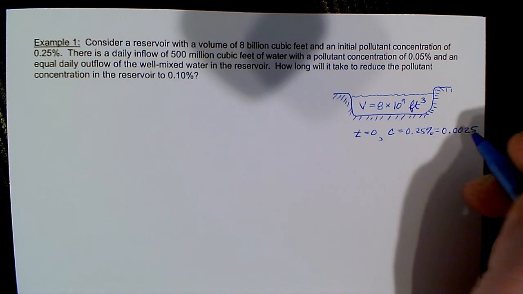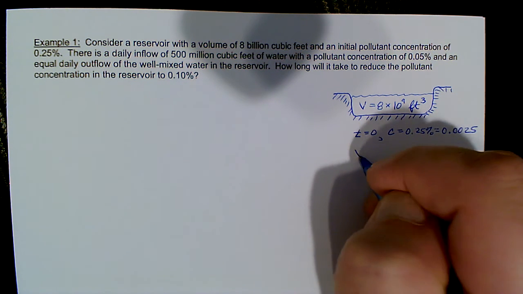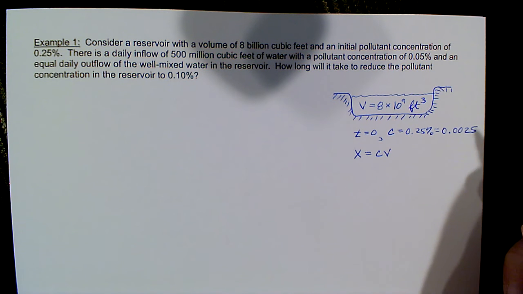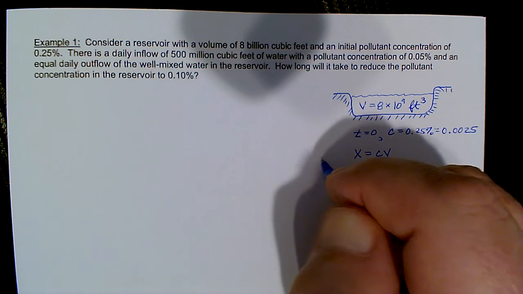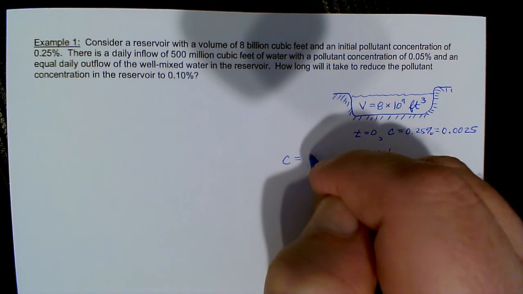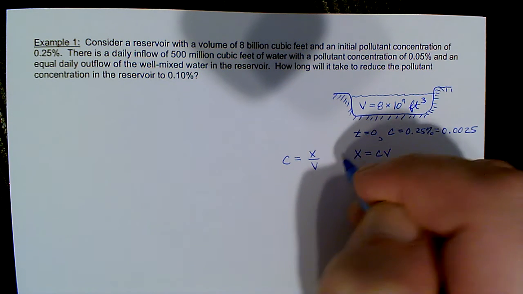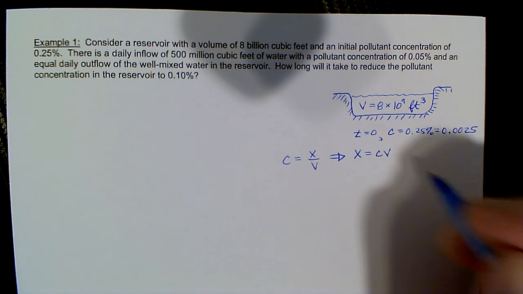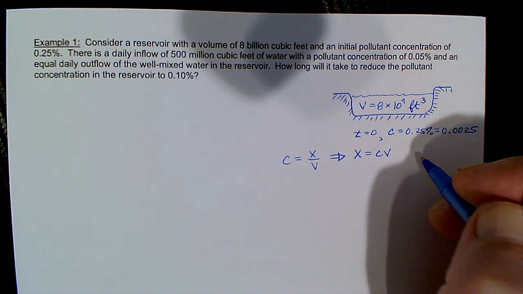So we would use the formula that x equals c times v, because the concentration is x over the volume. So if we solve for x, we get x equals c times v.